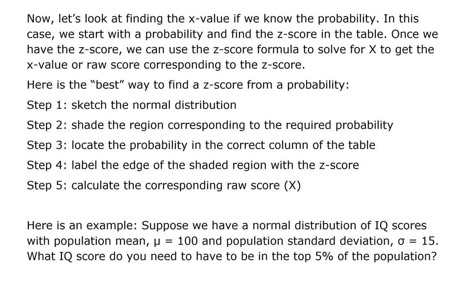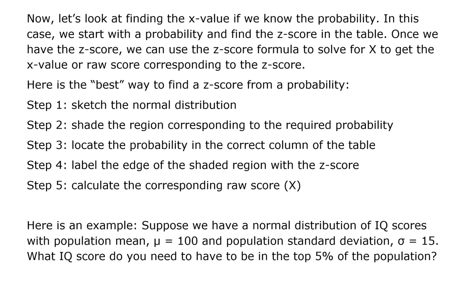Step 1, sketch the normal distribution. Step 2, shade the region corresponding to the required probability. Step 3, locate that probability in the correct column of the table. Step 4, label the edge of the shaded region with the z-score. And finally, step 5, calculate the corresponding raw score x.